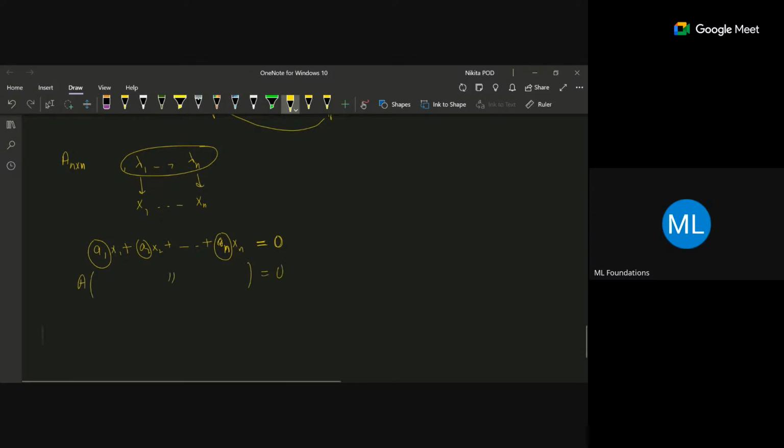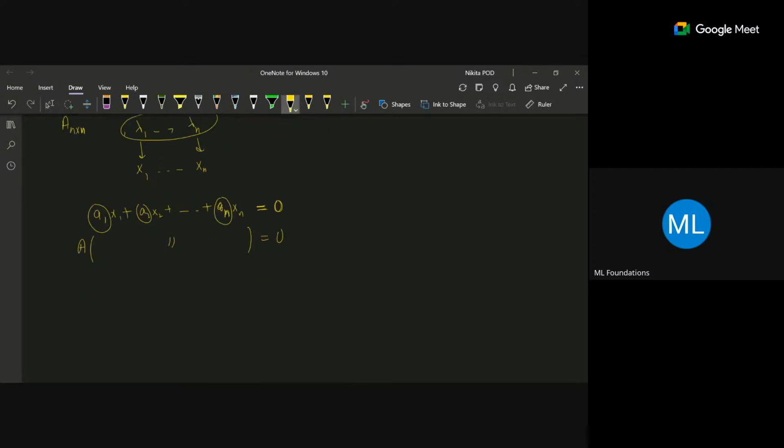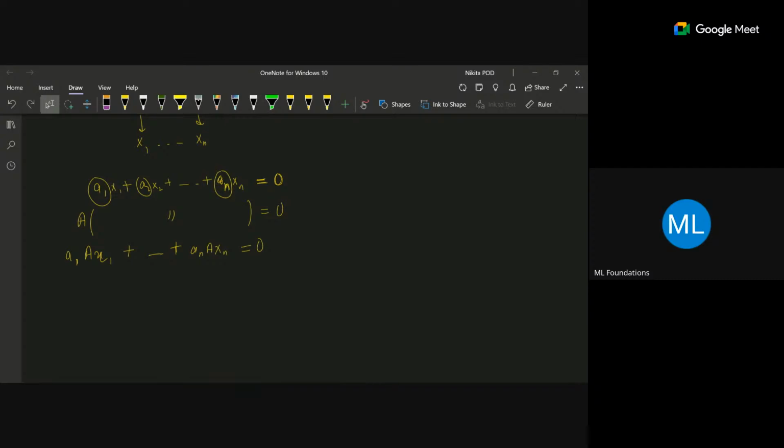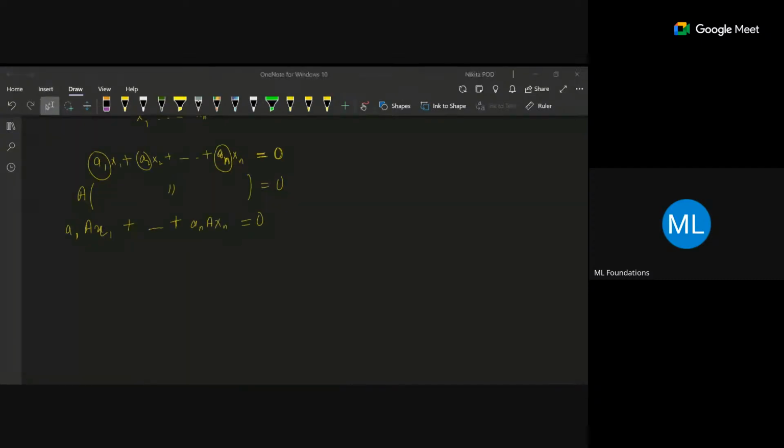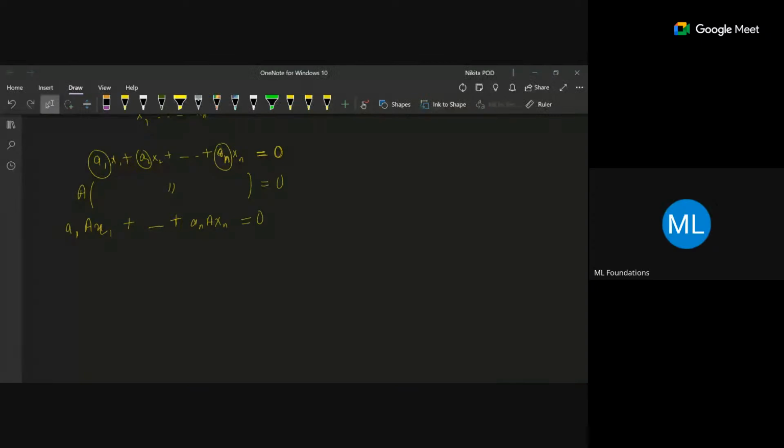After multiplying, we will get a1 Ax1 plus up to an Axn equals 0.